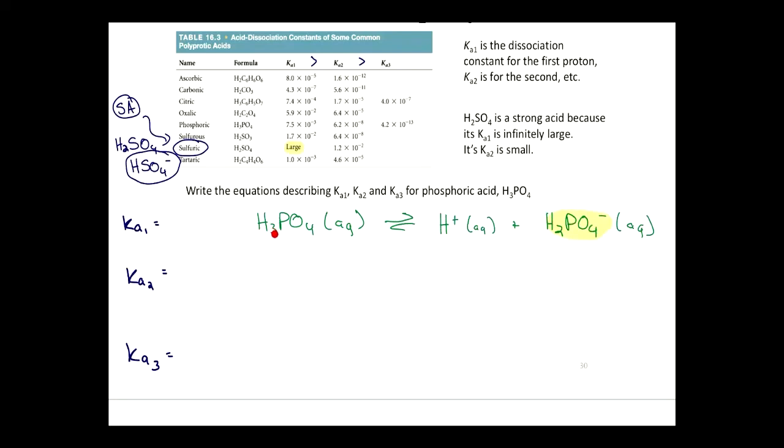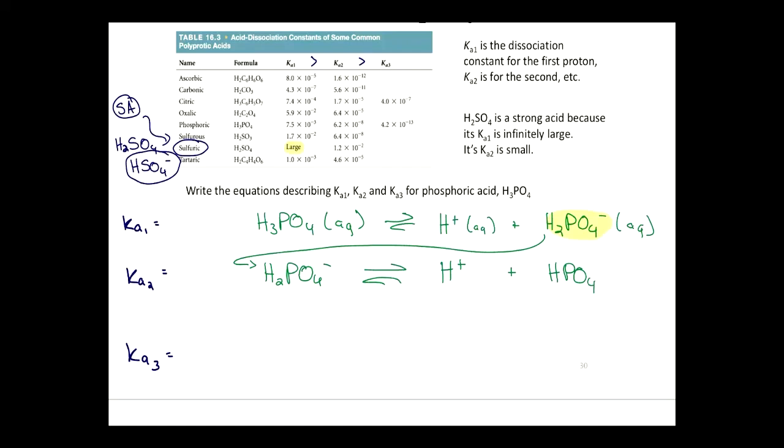You're not going to start with H3PO4 because in order to take off the second proton, you have to take off the first one before. So H2PO4 minus is going to become the reactant in Ka2. Now this thing is going to act as an acid. So you're going to just pop off another proton and think about what is left over.